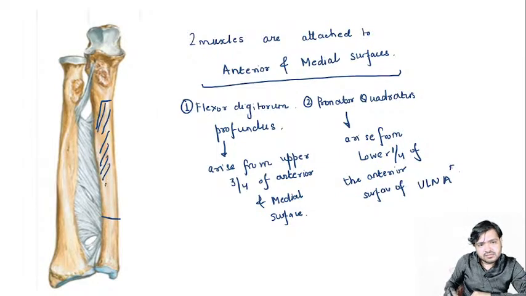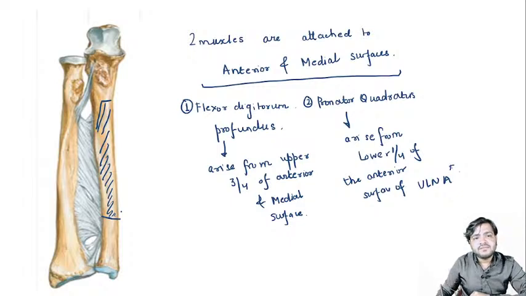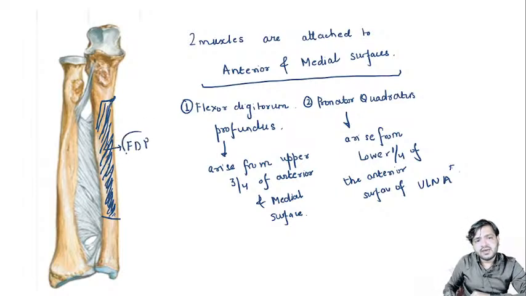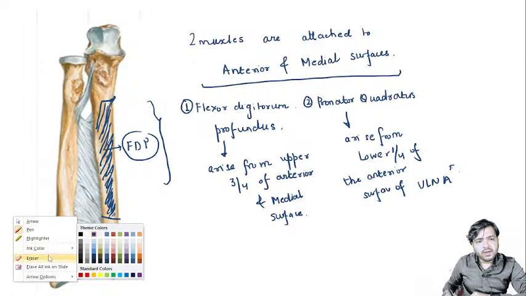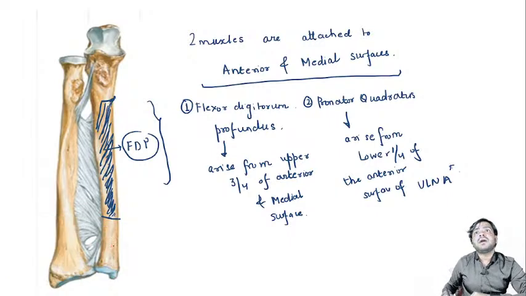So you can see this is the anterior surface, और थोड़ा सा पीछे की तरफ that you will find on the medial surface as well, पीछे की तरफ होगा थोड़ा सा, क्योंकि anterior view में दिखा रहा हूँ, and this is flexor digitorum profundus arising from the 3/4 of the anteromedial surface, and remember beyond that on the lower 1/4 part you will find the pronator quadratus muscle.